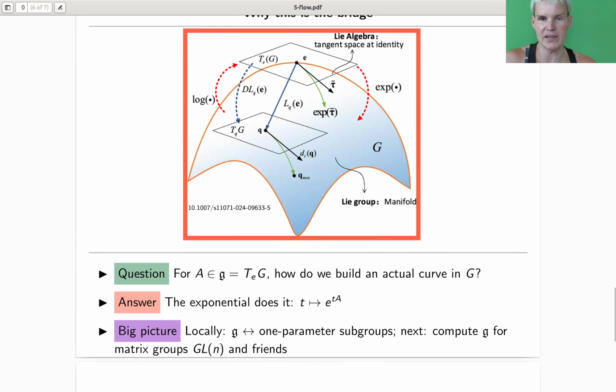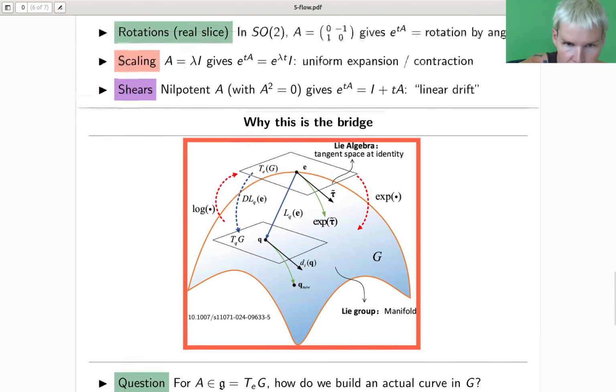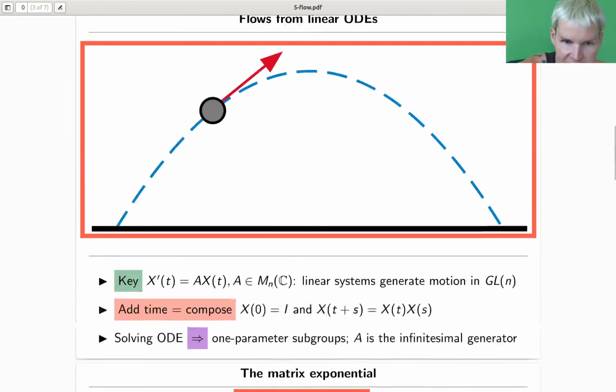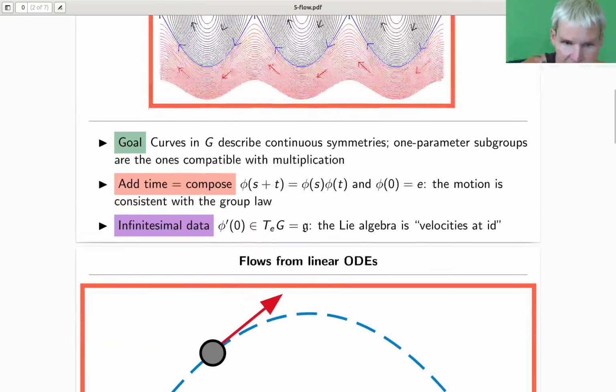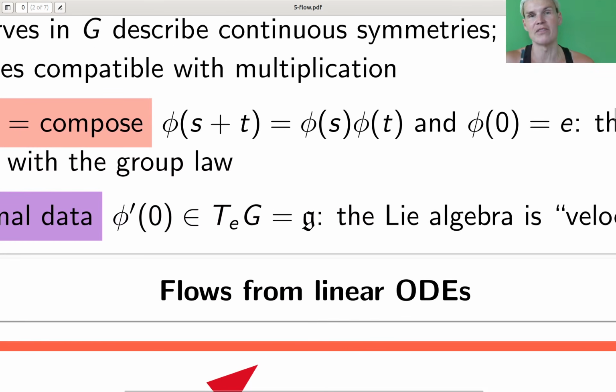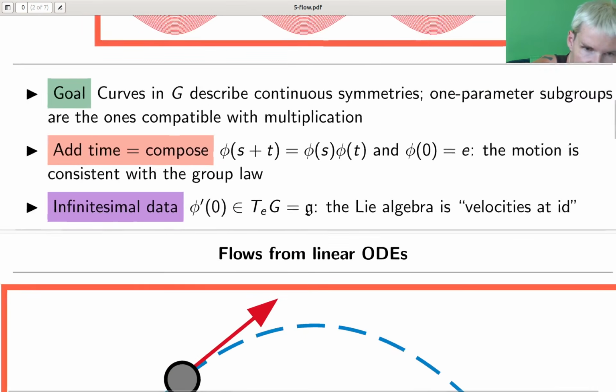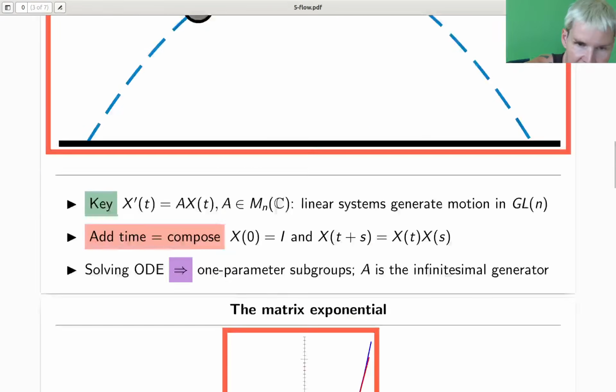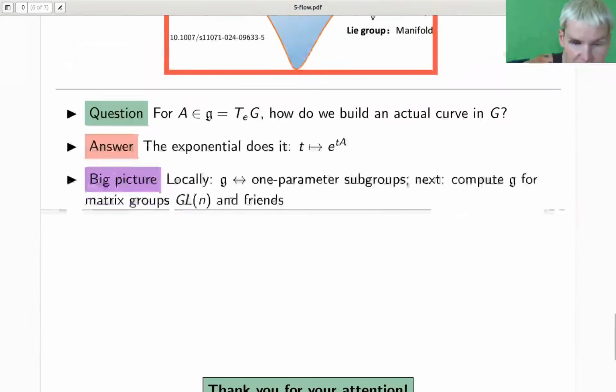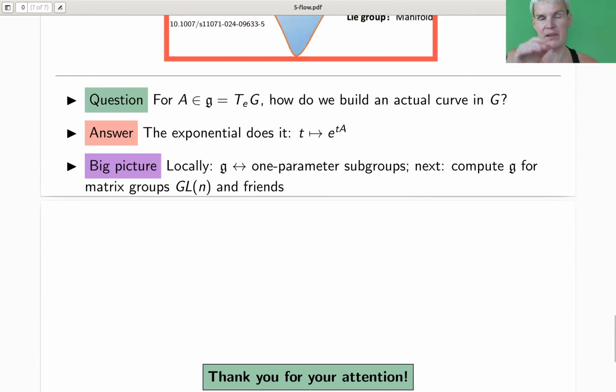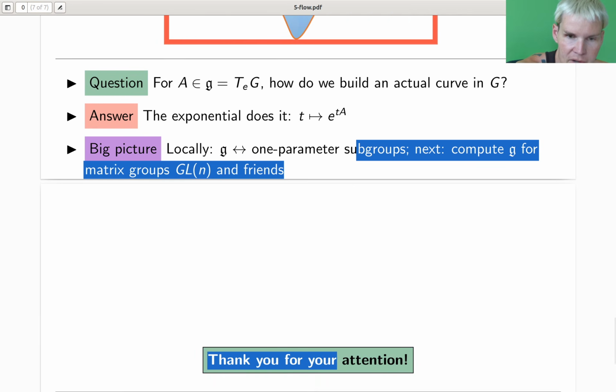And then in the end you can even identify the Lie algebra, which in this talk, let me scroll back. In this talk, do I have it actually somewhere? In this talk, by definition, is just the tangent space at the identity, and then you can describe it in some sense nicer as one-parameter subgroups.